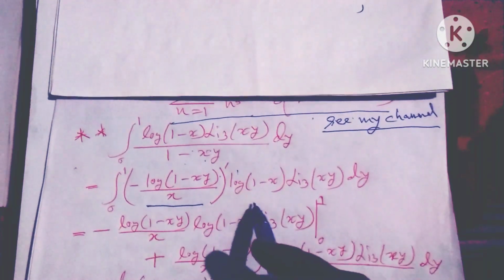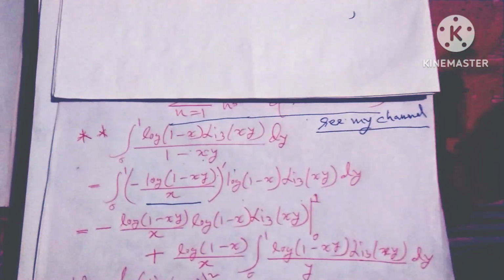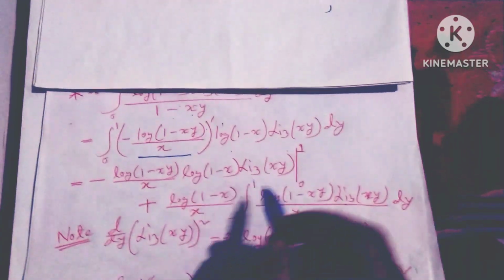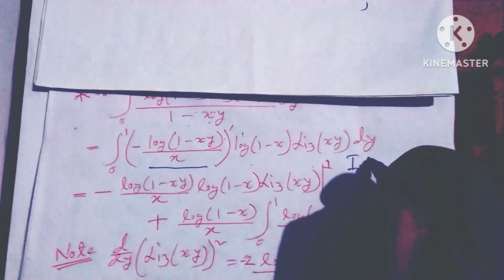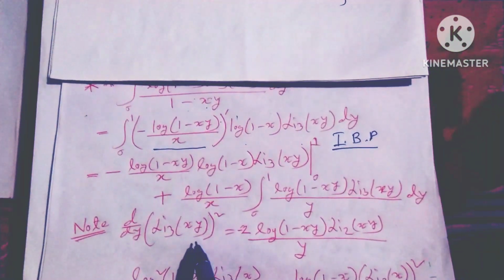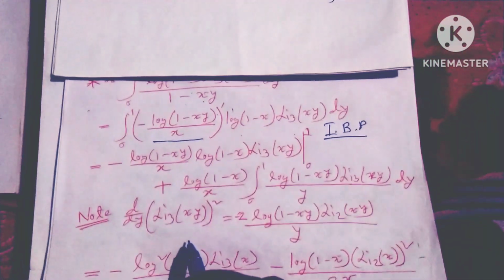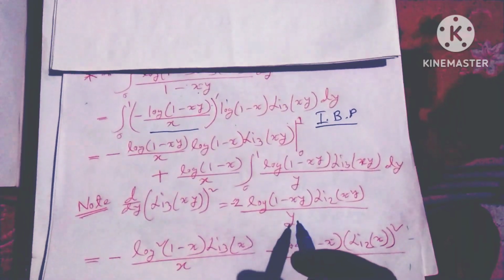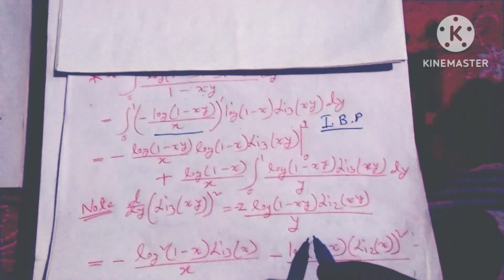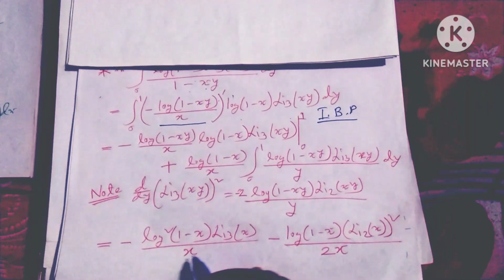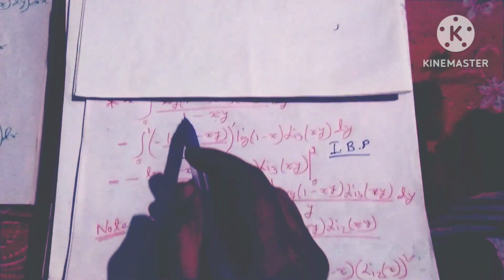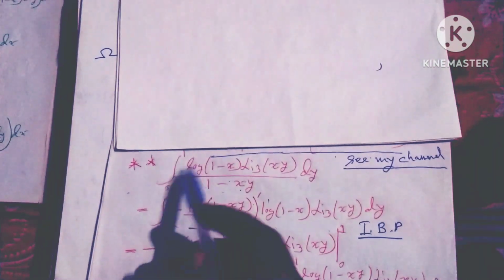So I get this value, log(1 minus x) Li3(xy), and after that just simple IBP, integrating by parts, then I get this, and after that the derivative of Li3(xy) squared, I get minus 2 log(1 minus xy) Li2(xy) divided by y, and after that I get this value.